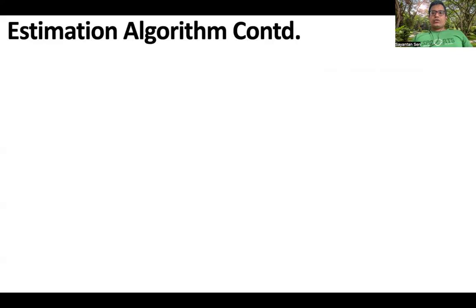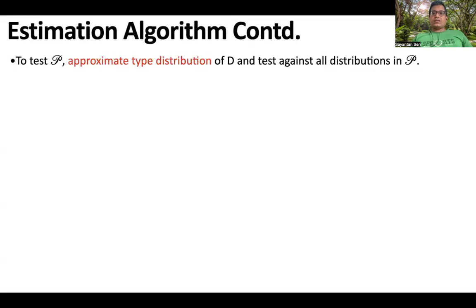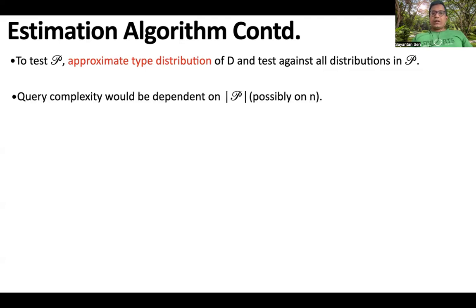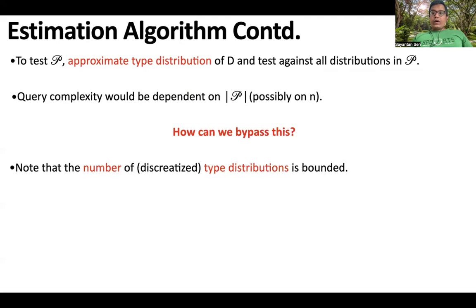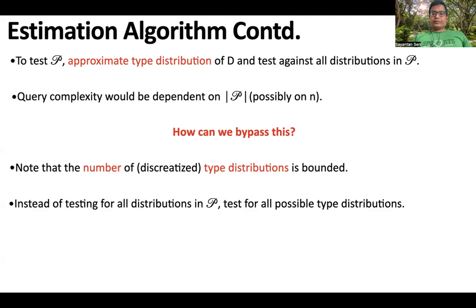A natural approach to test an unknown distribution against an index invariant property would be to first approximate the type distribution of the unknown distribution D and test it against all distributions in the property. Unfortunately, the query complexity would depend on the size of the property, which can be bad. To bypass this, we note that although the possible number of type distributions is unbounded, the number of discretized type distributions under suitable discretization is actually bounded.